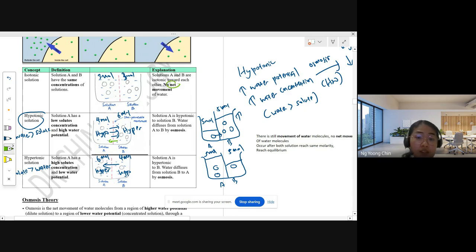Maybe two water molecules diffuse from A to B, and two water molecules diffuse from B to A, so they cancel the effect of each other. That means there is no net movement of water. So far, do you get it, Ethan and Suyang, for the osmosis?